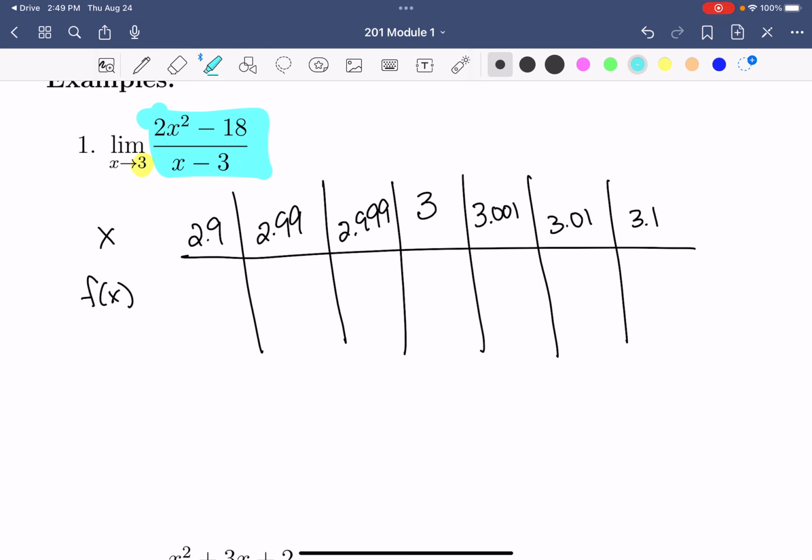So you're plugging that into your function here. You've got 2 alpha A squared minus 18, use your parentheses well here, over A minus 3. And when I plug that in, I'm going to get 12.2.